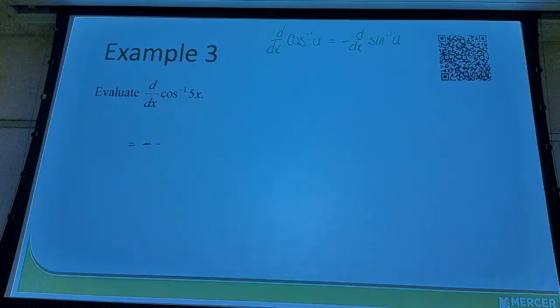Negative. What is u prime? y. Square root of 1 minus, what's u squared? 25x squared. And there's the derivative.